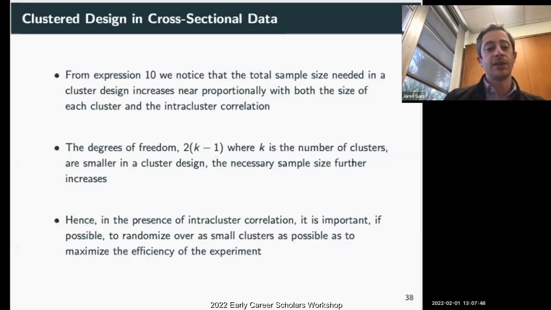And in the presence of intercluster correlation, it's important, if possible, to randomize over as small clusters as possible to maximize the efficiency of the experiment. That's kind of what I said before. If you have very high intercluster correlation, you're going to want to randomize over small clusters, so clusters of 1, 2, 3, 4 people, and then you're going to have mini clusters.